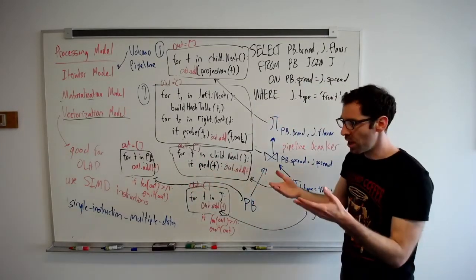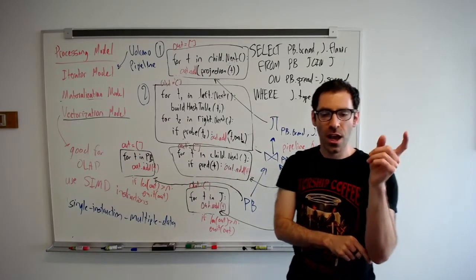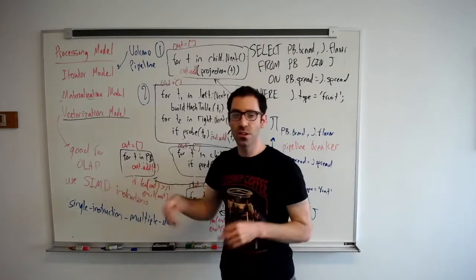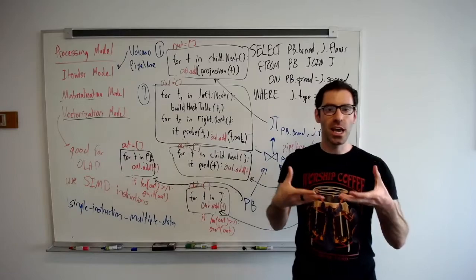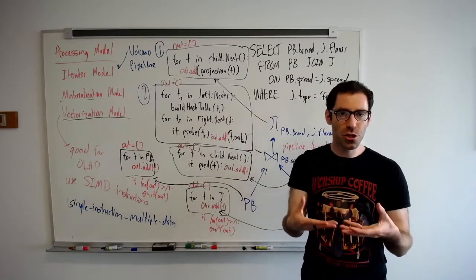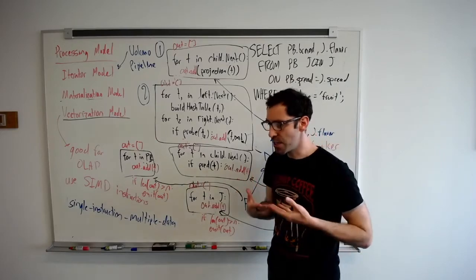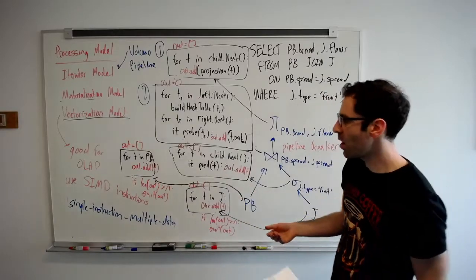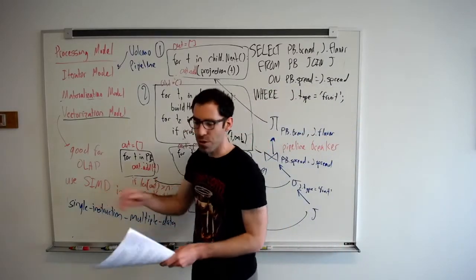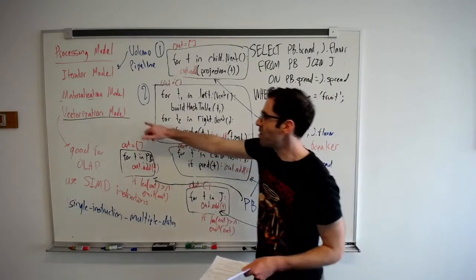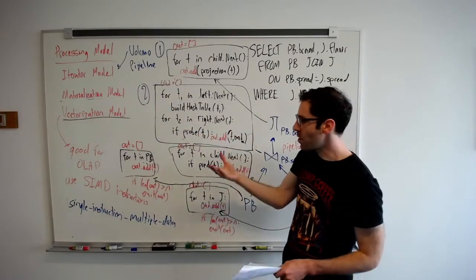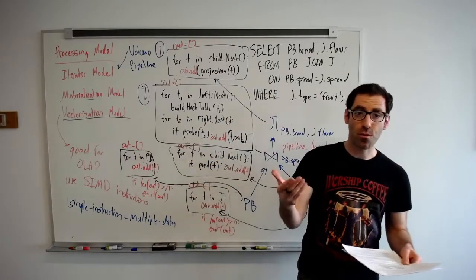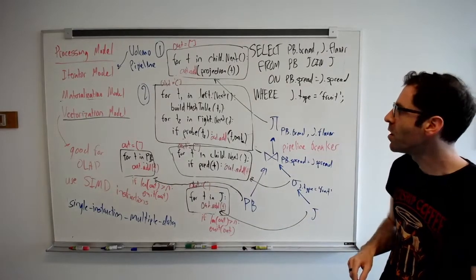So you might be used to thinking of a CPU as having an add instruction that takes one value and adds it to another, and there's going to be an equivalent SIMD instruction that can take a vector of 32 numbers and add it to another vector of 32 numbers as a single instruction. So these can be a really efficient way to work with these chunks of data, and this vectorization model, by operating on these vectors, these batches of tuples, can take advantage of that and get performance benefits from it.